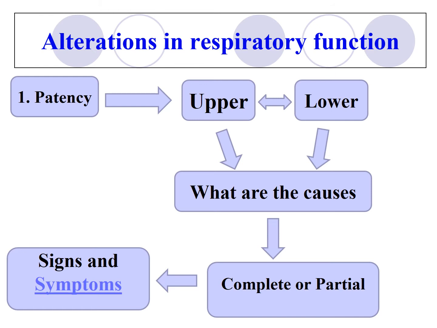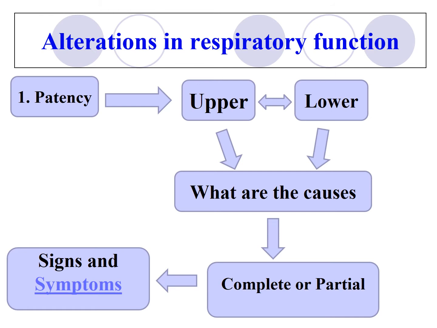That patency problem might be a complete or partial obstruction. So the signs and symptoms depend upon the type of obstruction, the site of obstruction, and the seriousness of the narrowing or obstruction.